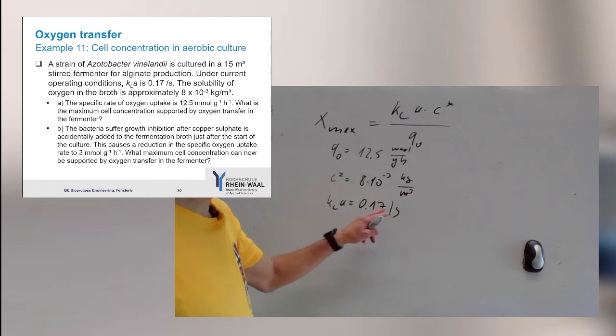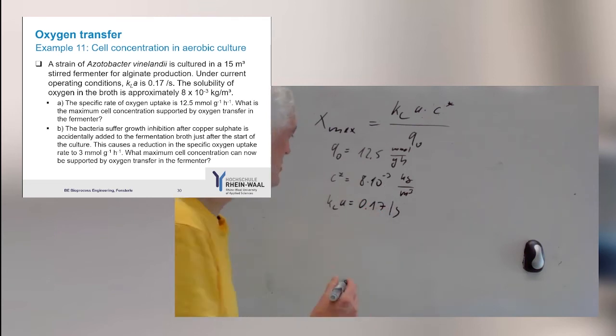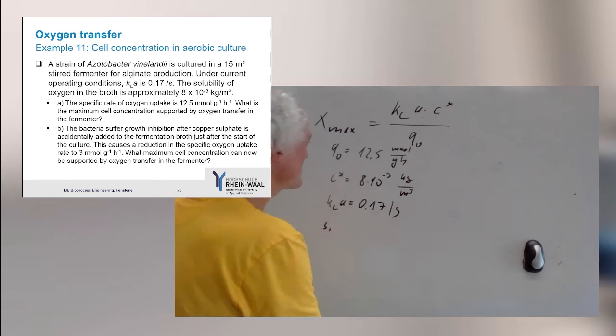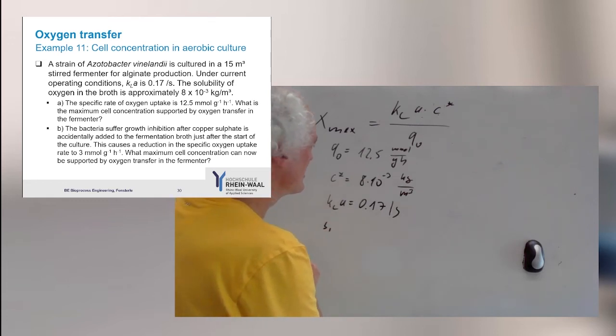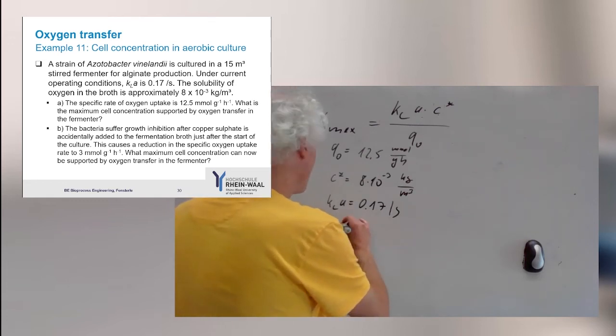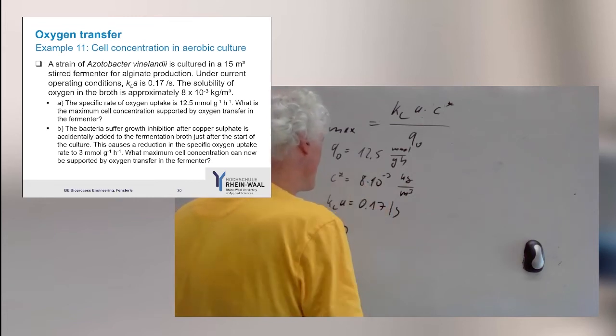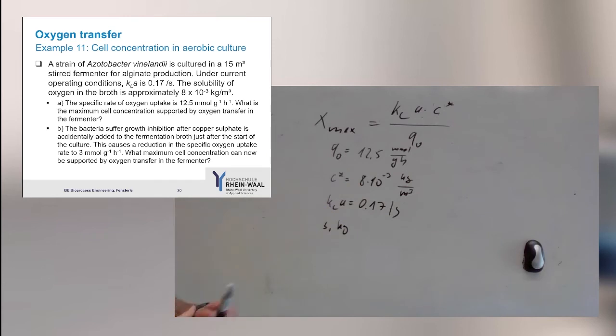Let's convert to seconds. Grams and meter cube is fine because we have meter cube here. So let's convert to seconds, and we can also convert to kilograms, then we don't need to convert this one. So seconds and kilograms, then we only need to convert this term here, and this makes our life easier.